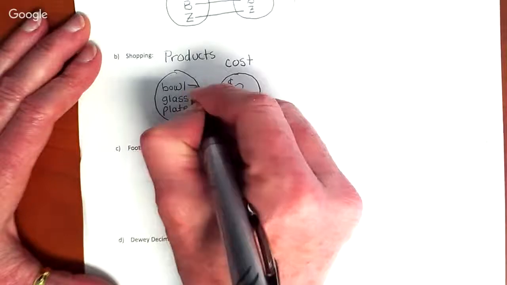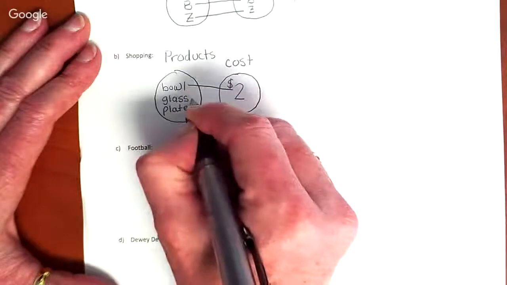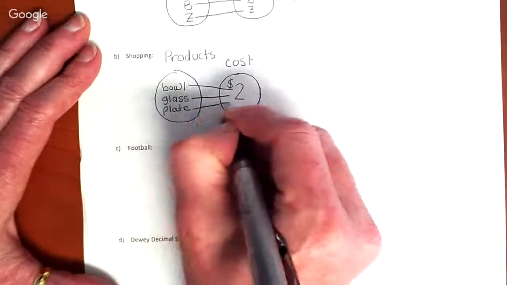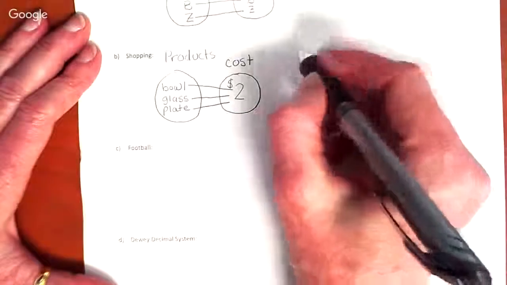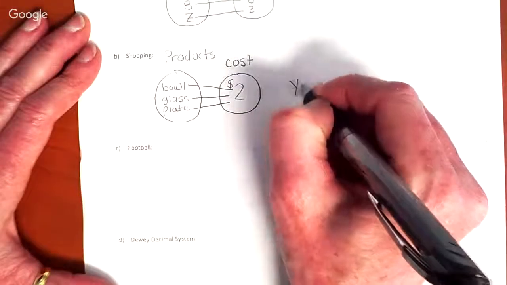Each input has only one output. Though it's the same price, each input has exactly one output. That is a function, so that is yes.